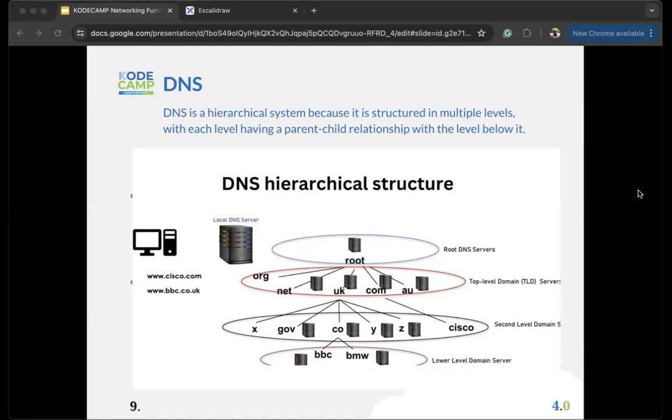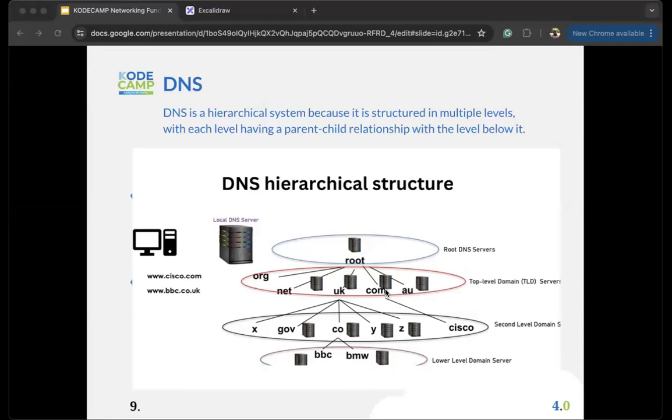So you have www.cisco.com. The .com, your top level domain, it does the translation and gets that server, this .com. Then from the root server, the root server responds with the IP address of your top level domain, which will be your .com or your .uk, right?